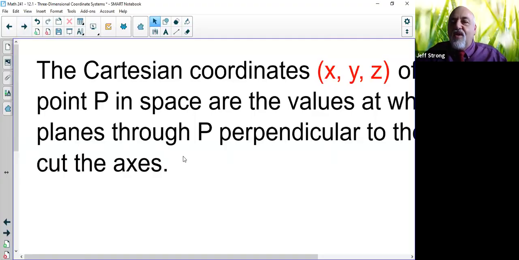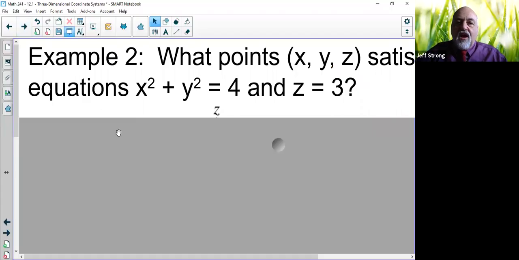All right, so Cartesian coordinates x, y, and z of a point P in space are the values at which the planes through P perpendicular cut the axis. So that's how we find the particular points. All right, so what points x, y, and z satisfy the equations x squared plus y squared equals 4 and z equals 3?